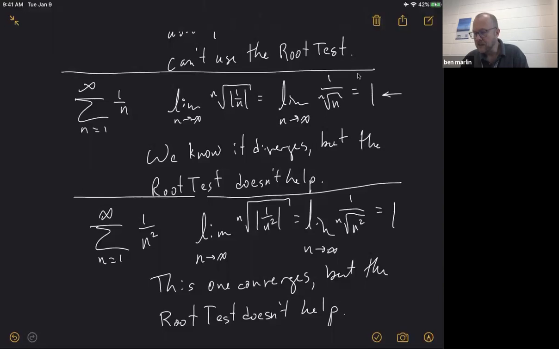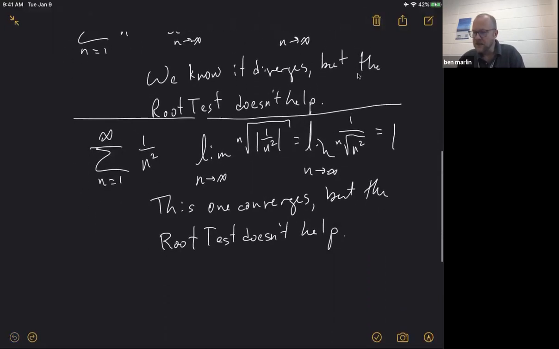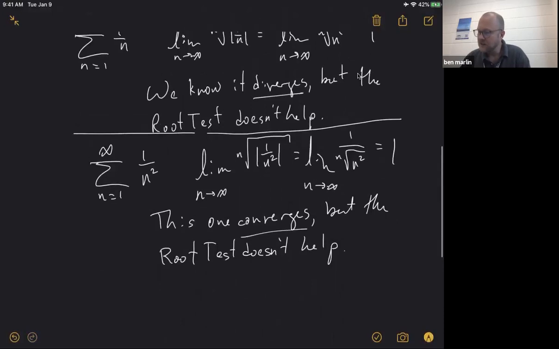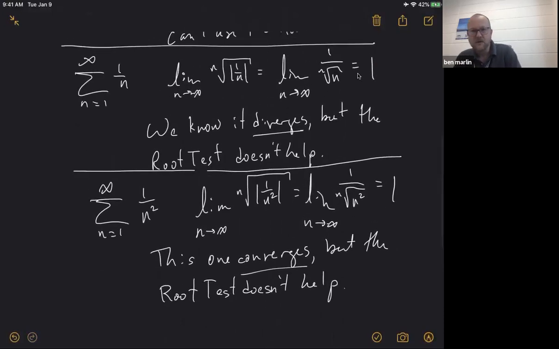It could be something that converges or it could be something that diverges when you get a 1. Here's an example of something that diverges for it. But if you take the summation 1 over n squared, you also get a 1 out of that limit. And that is a series that converges, not diverges. So you can get examples that diverge and examples that converge, and both give you a limit of 1.